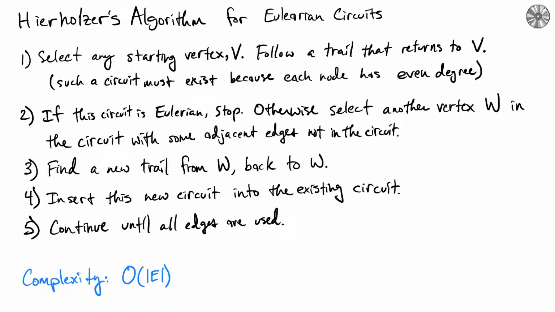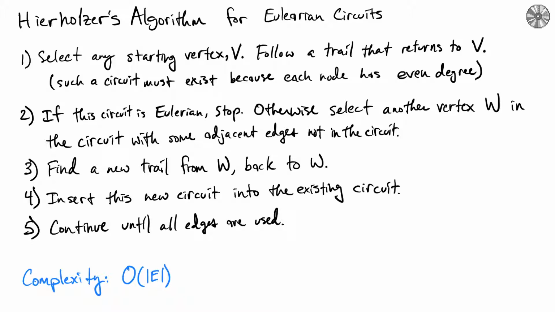To find an Eulerian circuit, we will start at a vertex V, and select a trail that returns back to V, so you're trying to find a circuit. Remember that you're using edges once, but you can go through nodes as many times as you need to. Since every node has an even degree, you're guaranteed that you must be able to find at least something.